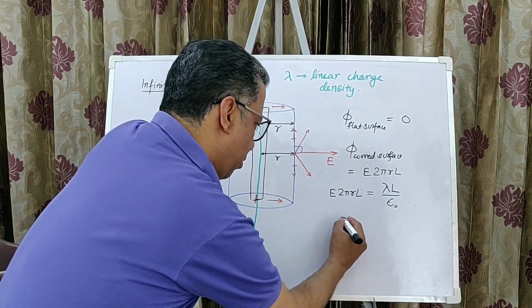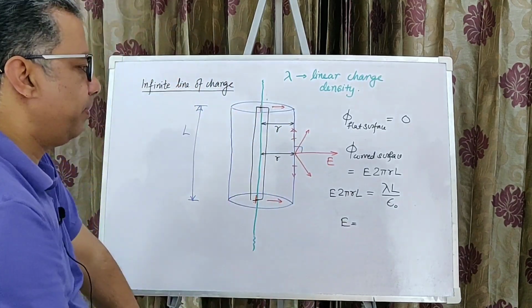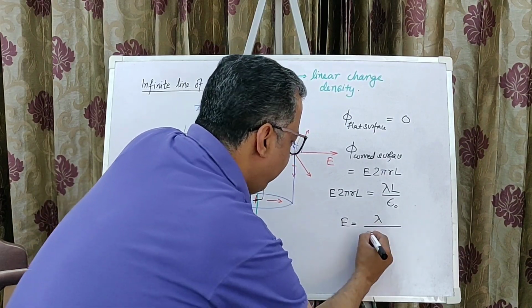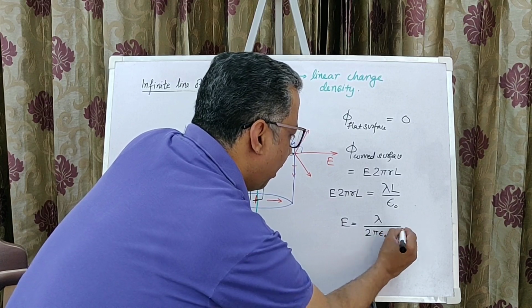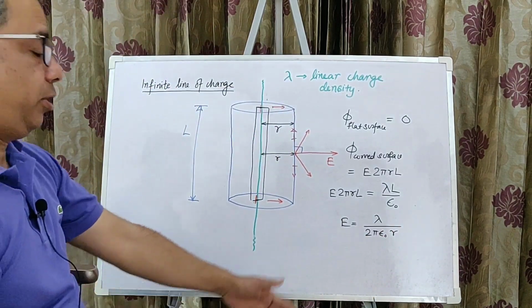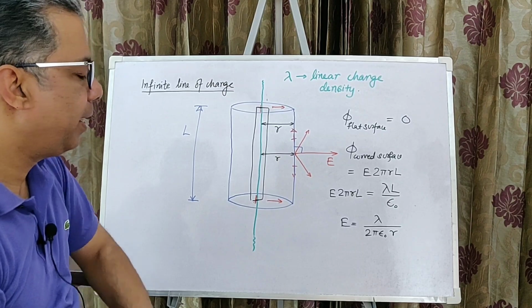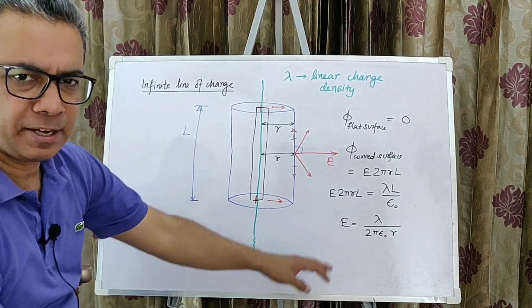This L cancels on both sides and we get the electric field now as lambda divided by 2 pi epsilon naught r, which, if you recall, is the correct magnitude of the electric field due to a line of charge.